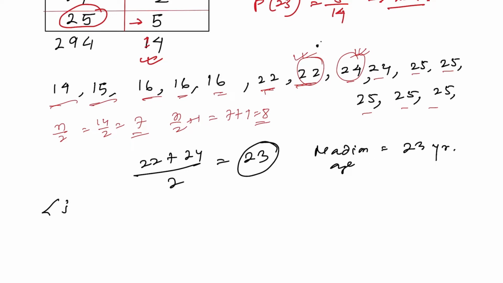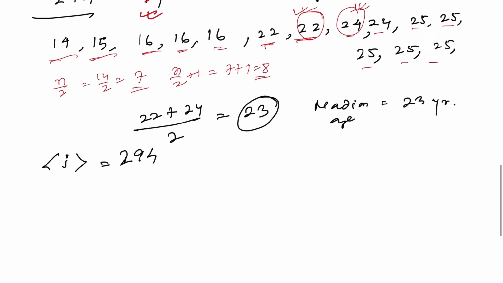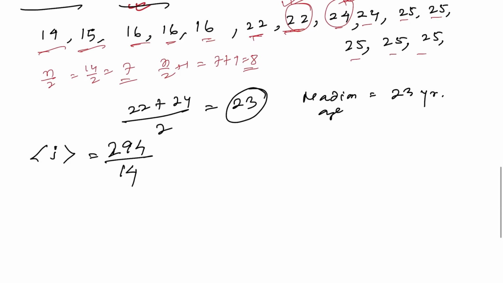And let us find the average. The average age will be the sum of the ages, which we get in this table as 294, divided by the total number of members, that is 14, which is equal to 21. So 21 is the average.